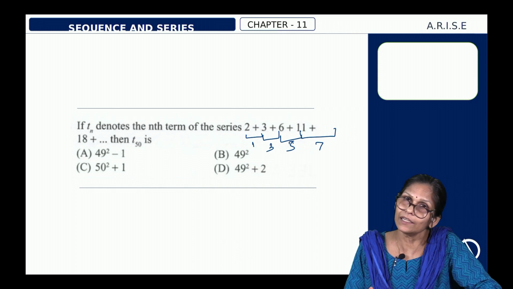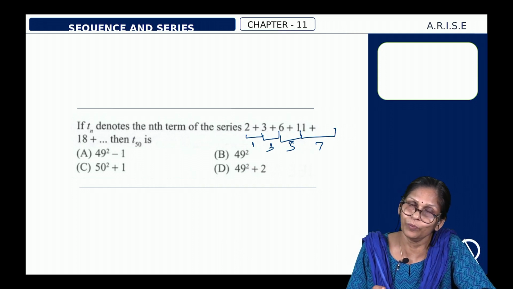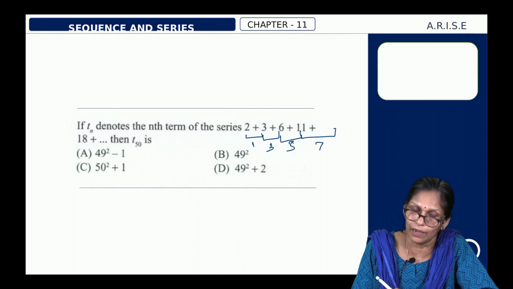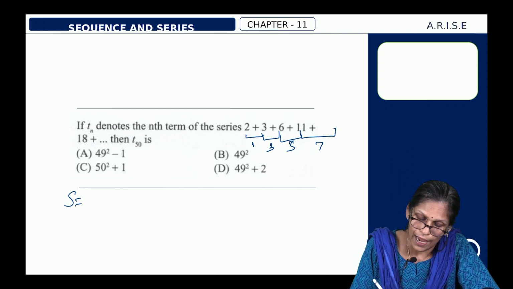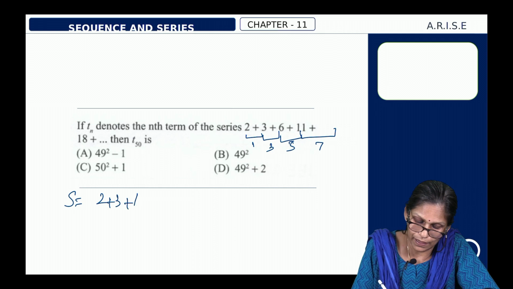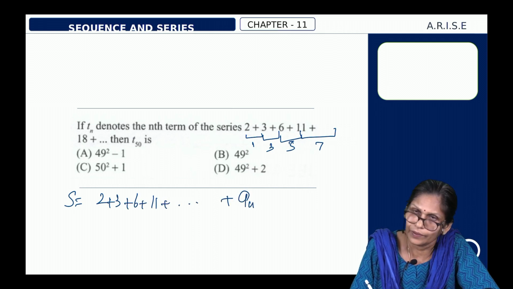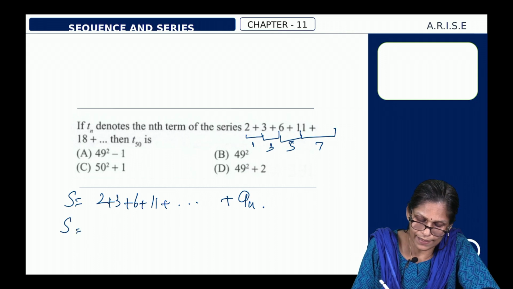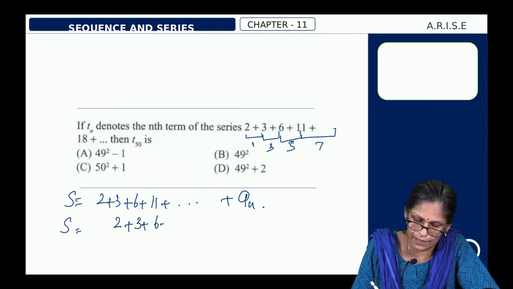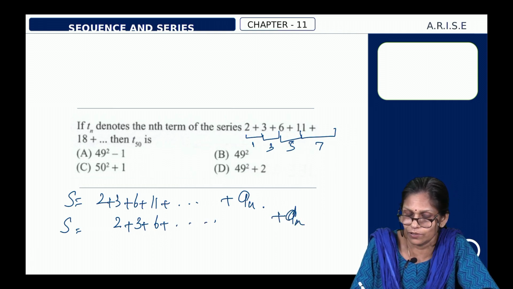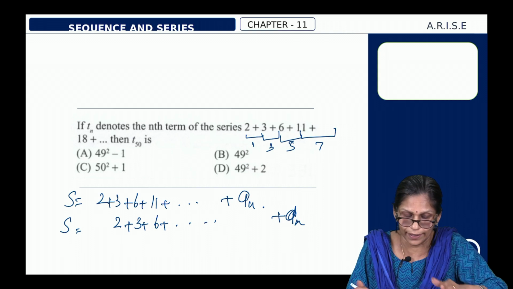In such a case, I had told you before, how do you find the nth term? I'll recall once again. Let S be 2 plus 3 plus 6 plus 11 plus etc. plus an. Now, this S can also be rewritten as 2 plus 3 plus 6 plus etc. plus an. I am just shifting the terms one place to the right.